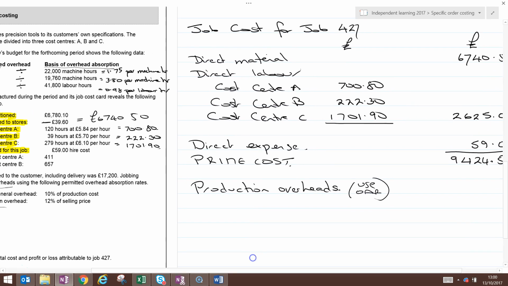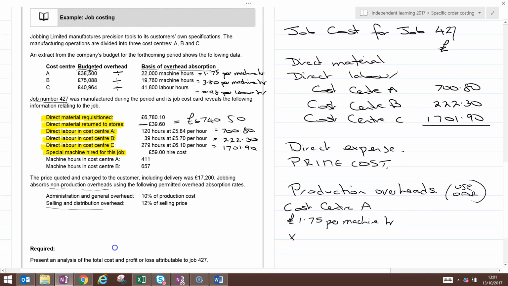So the production overheads, using the overhead absorption rate, we look at each cost centre separately. So cost centre A, we know it is an absorption rate of £1.75 per machine hour, and cost centre A, we have here 411 machine hours worked.